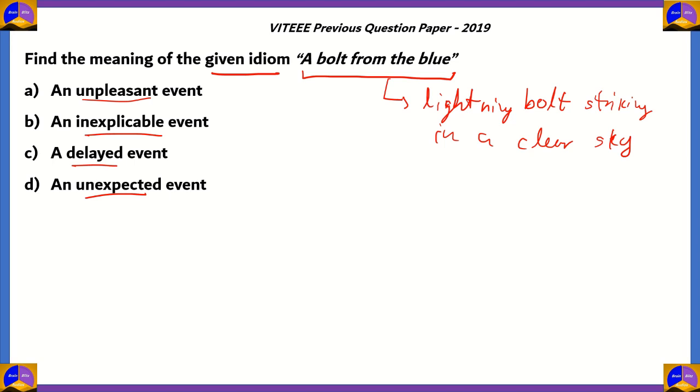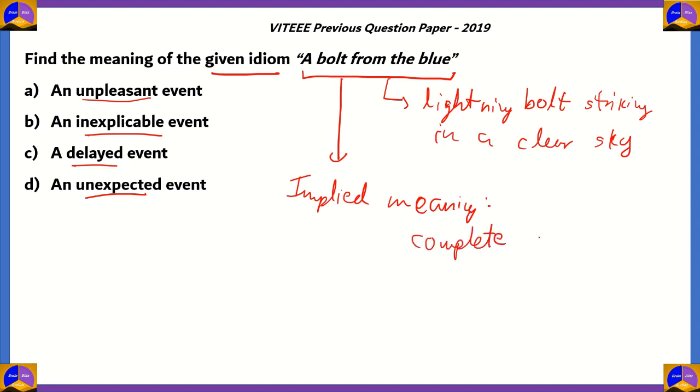Now, most of us know that this is very rare. It is a rare event, so nobody would expect a lightning bolt to hit them seeing a clear sky above. So therefore, we can safely deduce the implied meaning as a complete surprise.